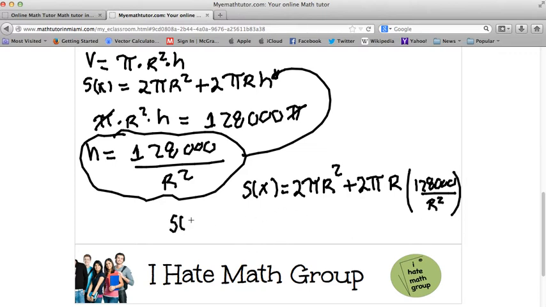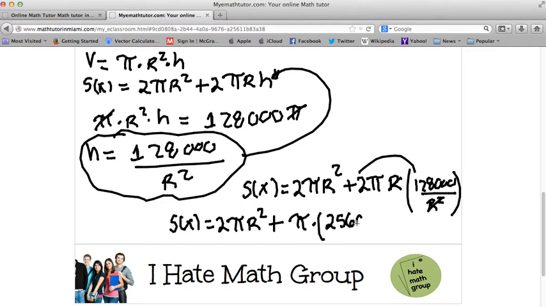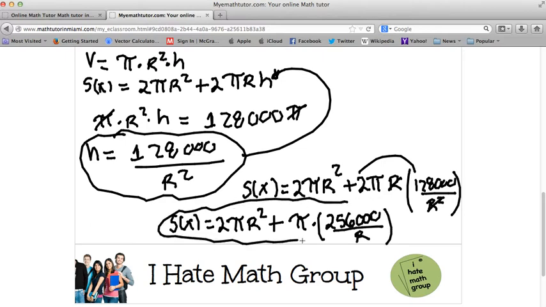The surface area equals 2 pi r squared plus 2 times 128, and one of the r's is going to cancel out, so I have pi times 256,000 over r. Now, this is our key function.